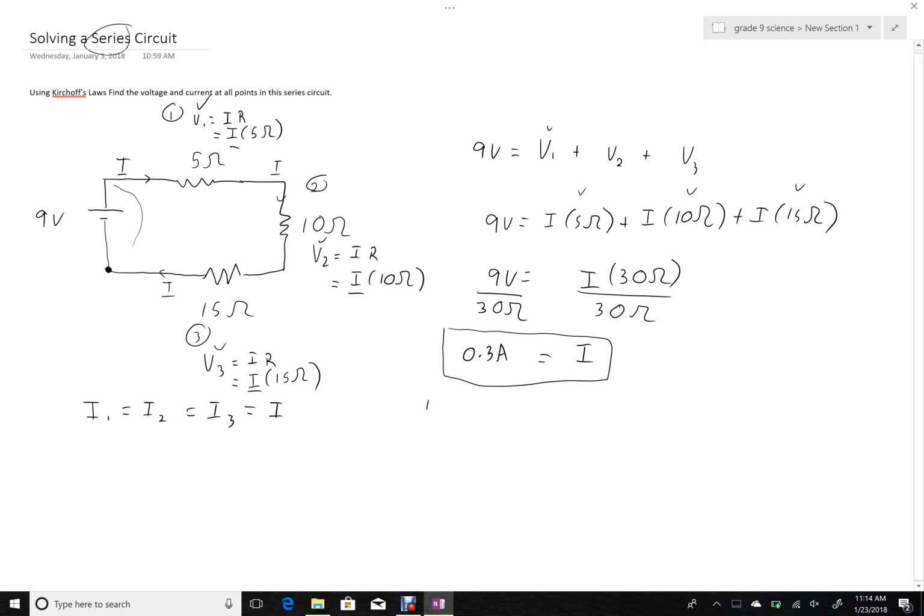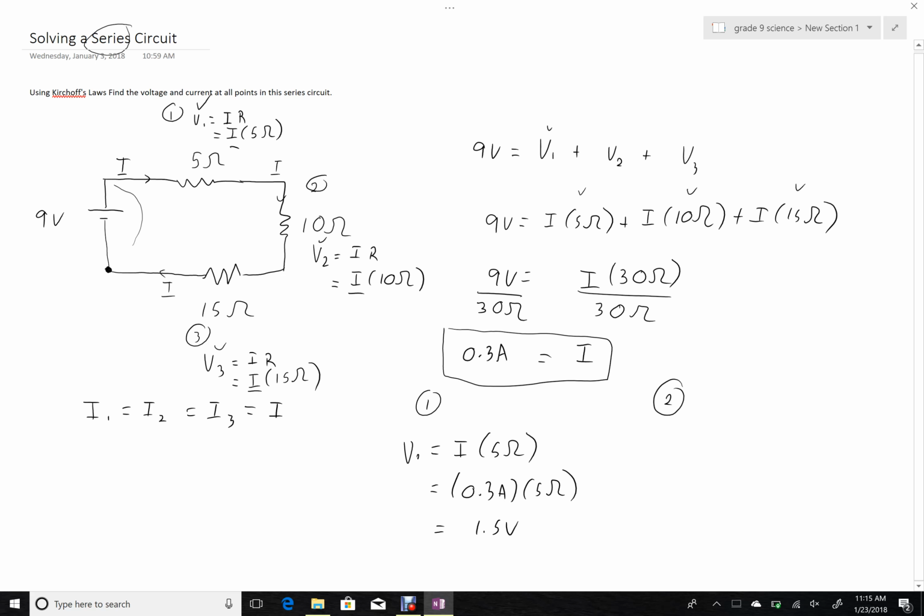So for 1, V1 was equal to I times 5 ohms, so 0.3 amps times my 5 ohms for a voltage of 1.5 volts.